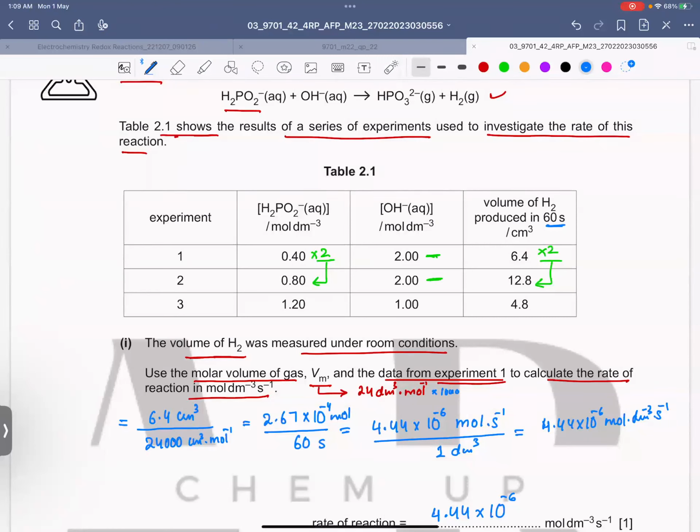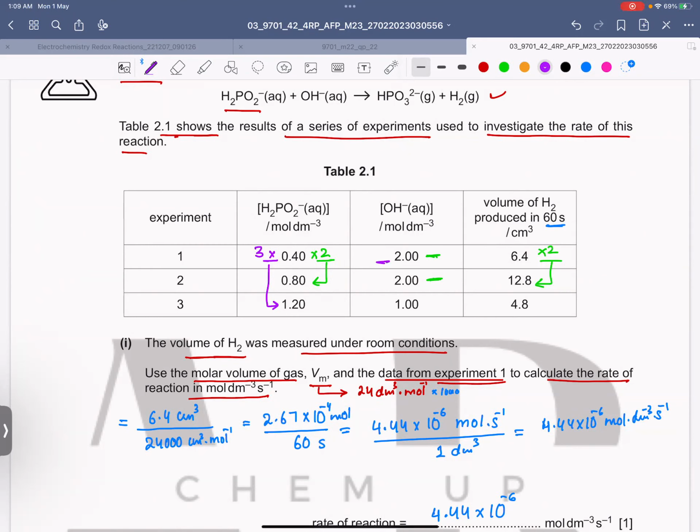Now, for example, if I compare experiment 1 and experiment 3, isn't it that the concentration of H2O2 is increased by 3 times, right?